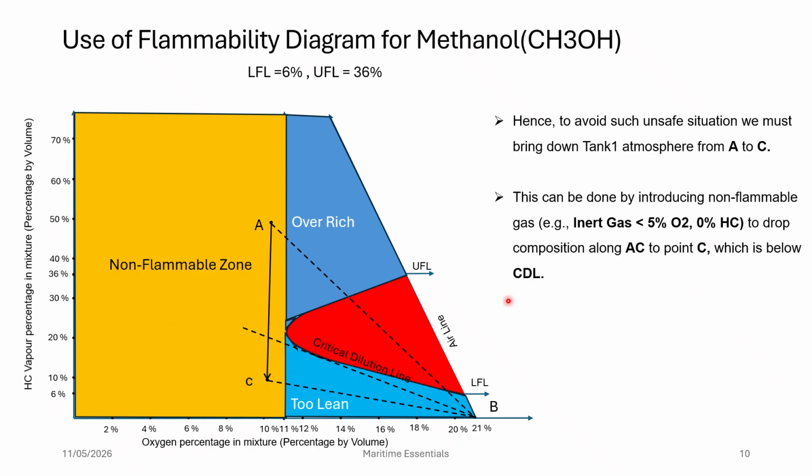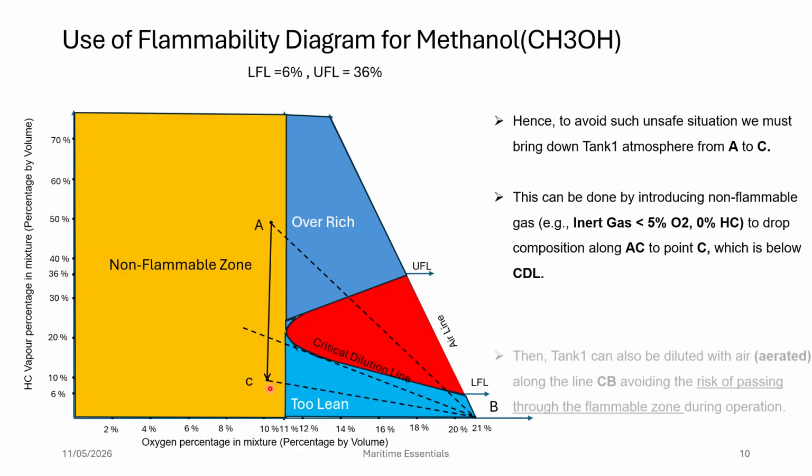So we insert the inert gas, and as we do, the inert gas takes the hydrocarbon out of the tank, and your hydrocarbon level will automatically go down from A to C. Once it passes the critical dilution line, you are safe.